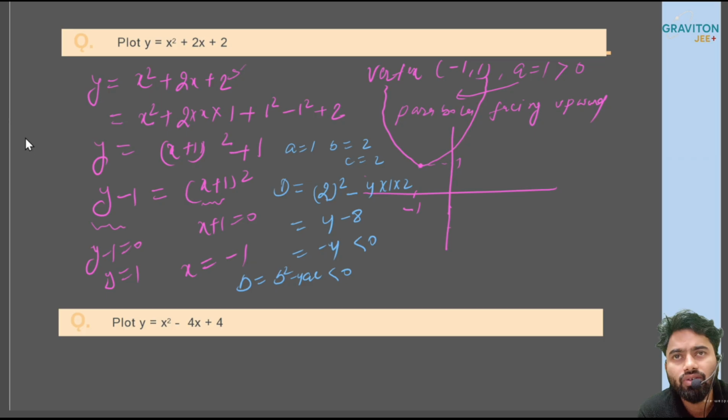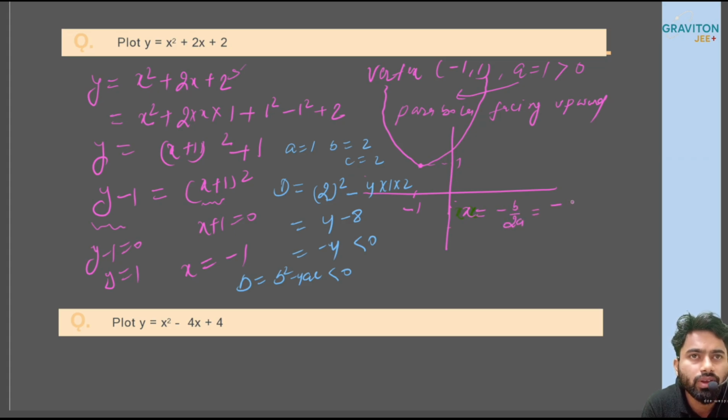Like if I told you to calculate, so basically you saw here what is a, what is b, and what is c, and we discussed that if you have a equal to this, b equal to this, and c equal to this, you can directly calculate the vertex: minus b upon 2a.